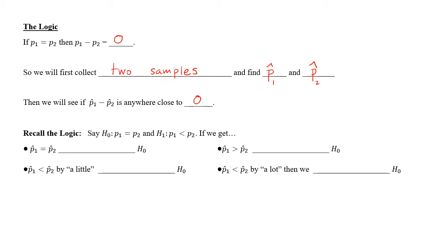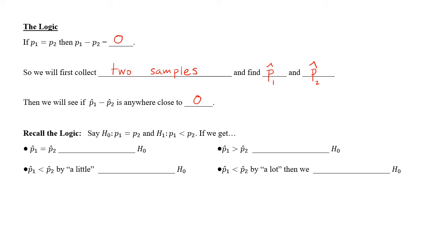In our previous example we would say the proportion of females that plan to vote is equal to the proportion of males that plan to vote. That would be our null hypothesis. And our alternative hypothesis in this case is P1 is less than P2. Of course, it could take on other forms depending on the situation, but suppose it's just this form.